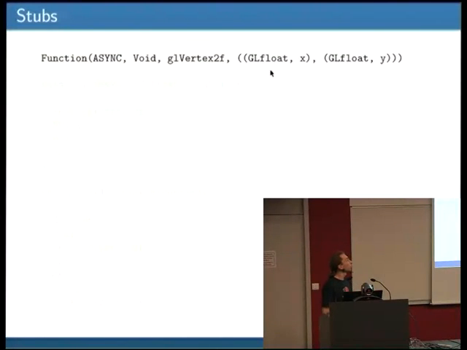So from apitrace specs, I go to a very similar representation that is basically one more argument that shows the expected behavior of the function: async for functions that can be called asynchronously, sync for functions like glFinish, GLX swap buffers that need to synchronize.